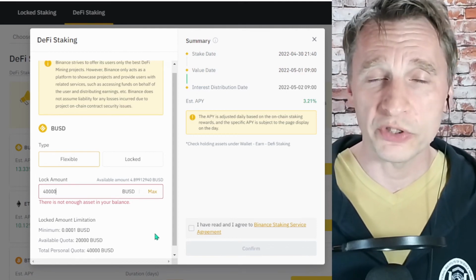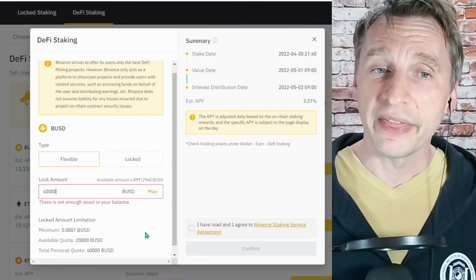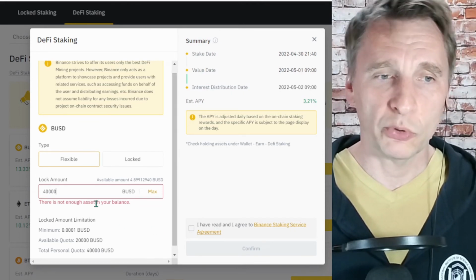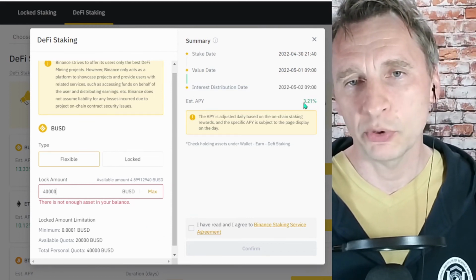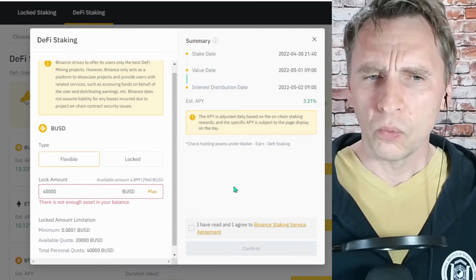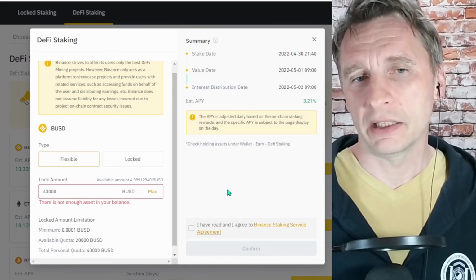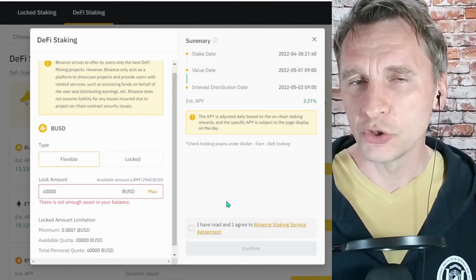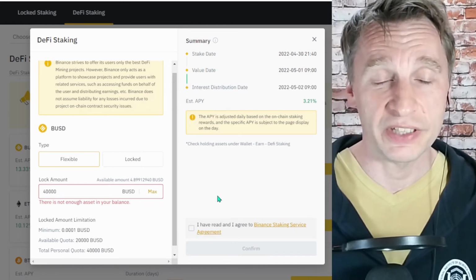If you have any stable coins sitting around in your account and you're not using them for whatever reason, then you could put them into DeFi staking, which is flexible, and you would receive a 3.21% return, which is a lot better than having that money sitting in a bank, because banks do not provide you with that kind of lockup. Unless you do a long-term lockup of 10 years, and maybe that barely ever happens anyway.